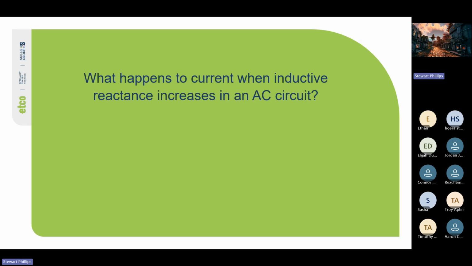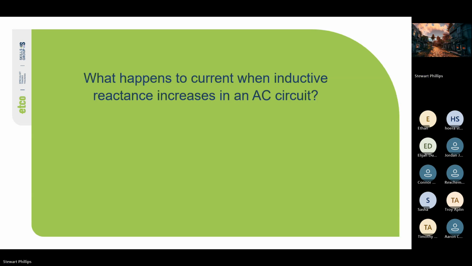So we have our circuit, and all of a sudden we've increased the inductive reactance. So all of a sudden the inductance has risen. What happens to the current? Yeah, it lags. So if we have an inductive circuit, it definitely lags. But something else changes.